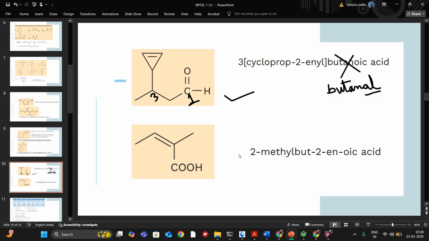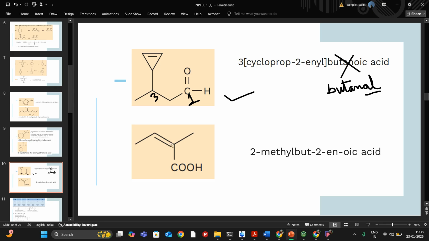If we start numbering the parent carbon chain from here, it will be 1, 2, 3, 4. Hence, the parent carbon chain will be butene. Now, we are going to place the substituents along with their positions, starting from the carboxylic acid functional group: 1, 2, 3.